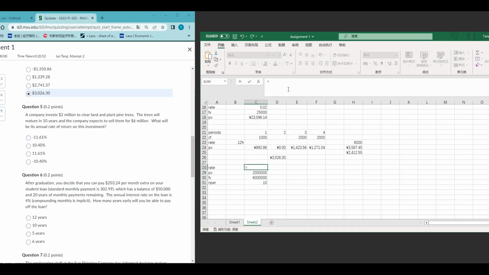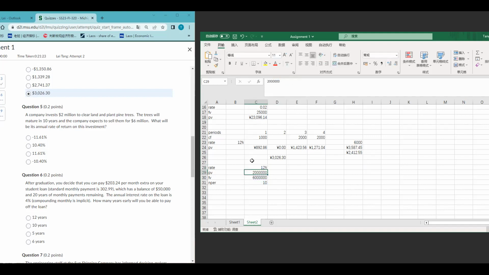We use the rate function. Okay, then NPER, now PMT, this is the PV, and this is the FV. The PV is negative because it's an investment, so we spend money, so it's an outflow. So the PV is negative, FV is positive.